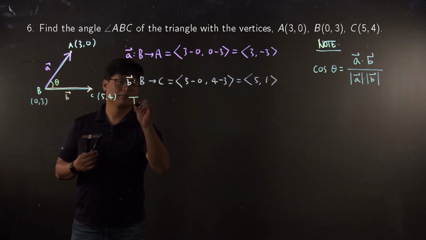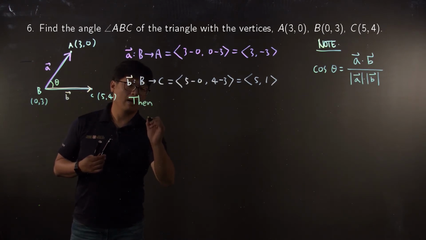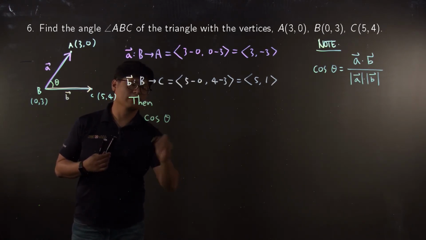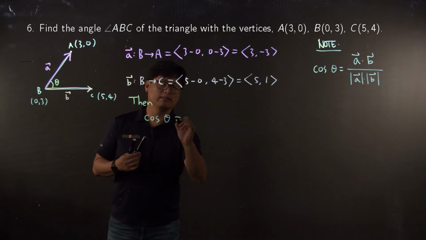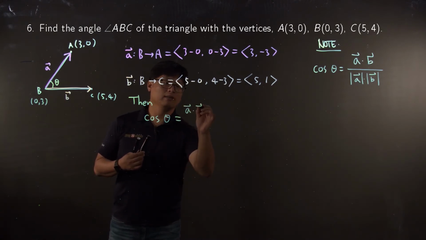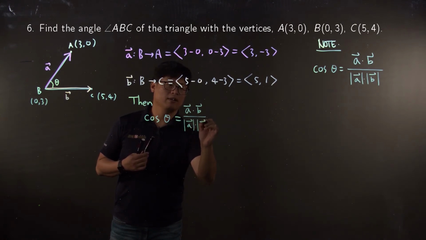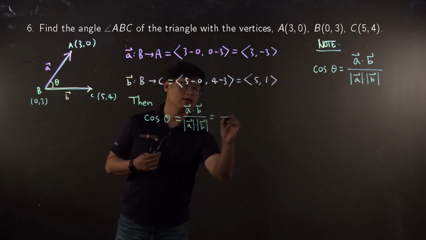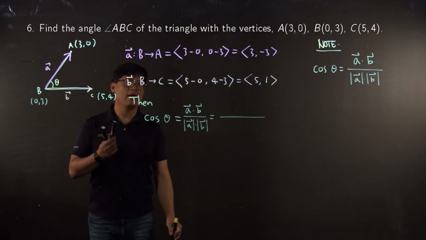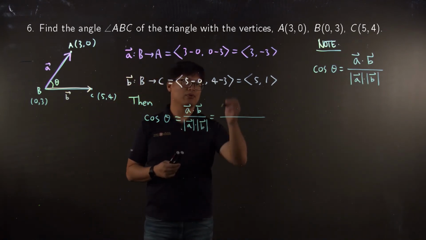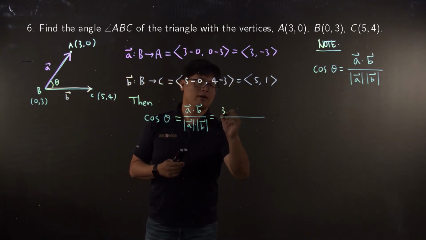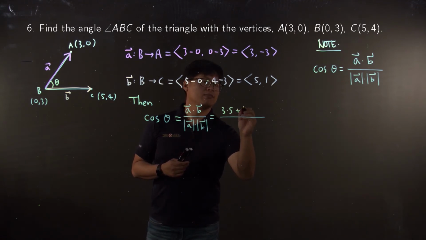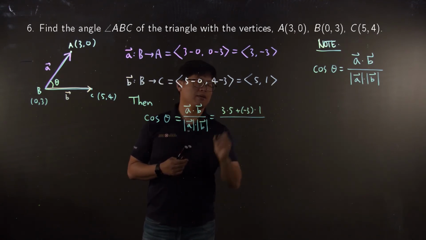Let's start from cosine theta. Cosine theta is A dot B over the length of A times the length of B. It's a simple calculation. A dot B is just the dot product between two vectors: 3 times 5 plus -3 times 1.